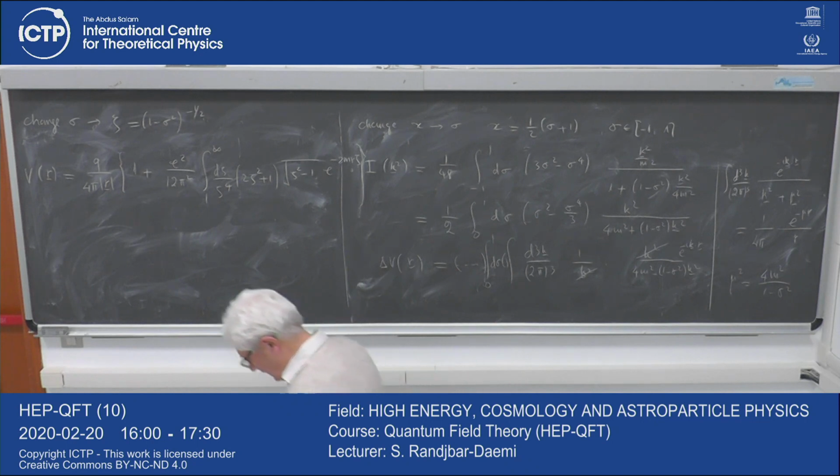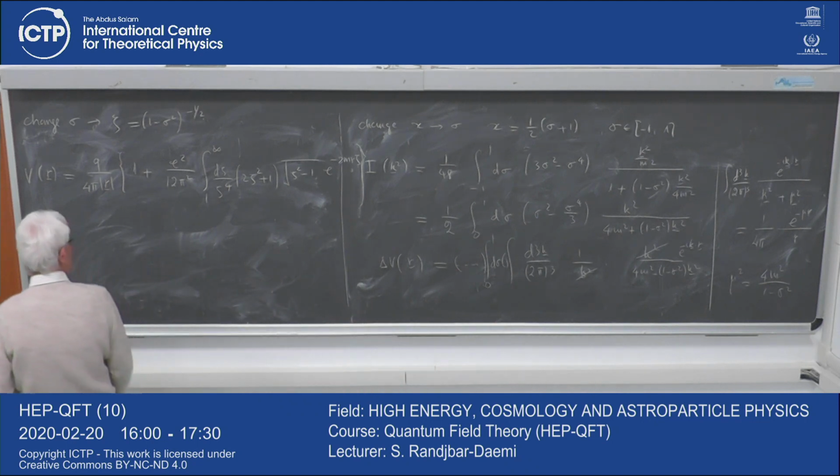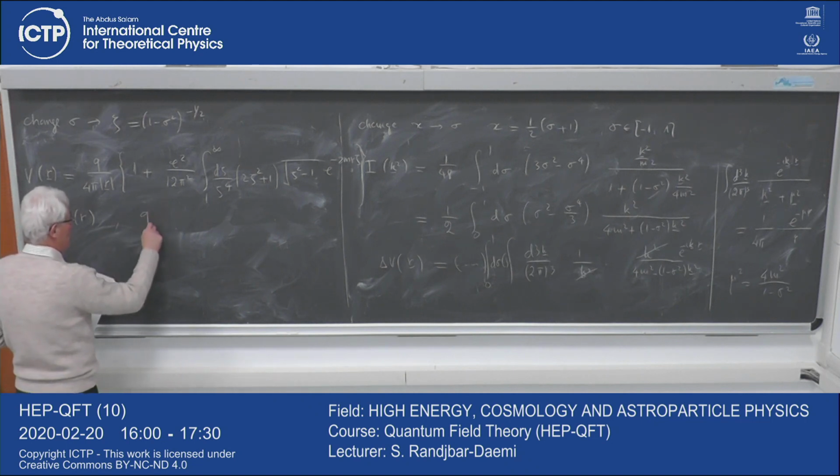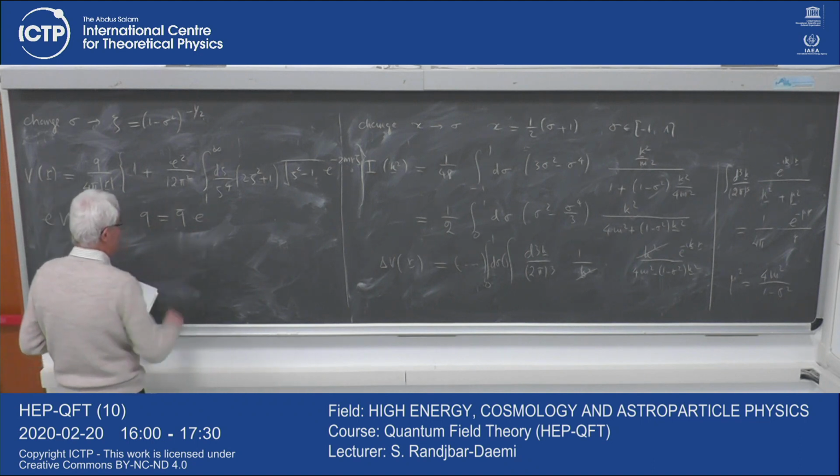The other step is that we are going to write this in a slightly different form. First of all, the potential energy, or the interaction energy of the source with this field, is e times V, and I will take Q to be some pure number, positive or negative, times e.